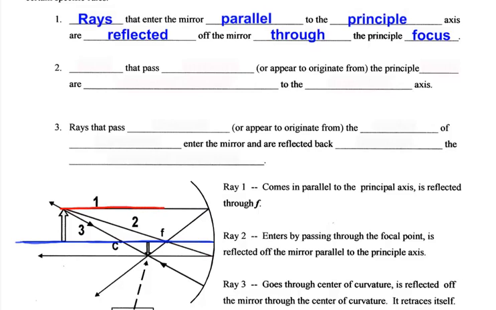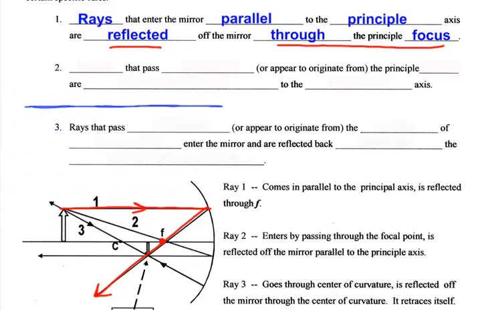Light is reflecting off of this object, it's going to hit our mirrored surface, and it's going to reflect off the mirror through the principal focus. Remember, the F is the focus. So this light reflects and goes through this principal focus, which is this point right here.